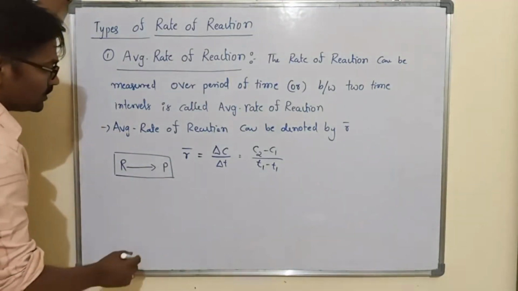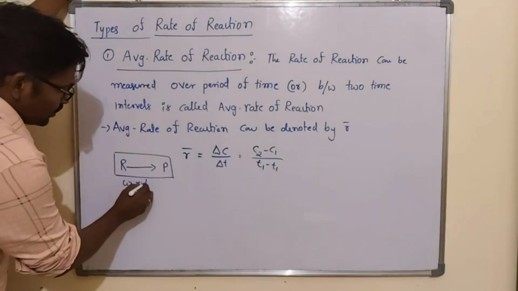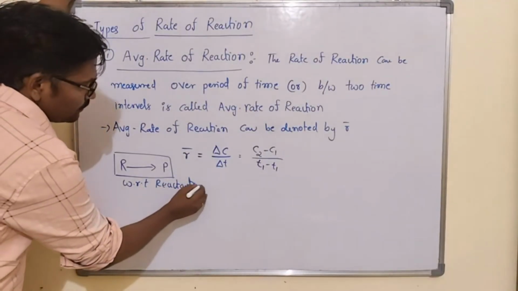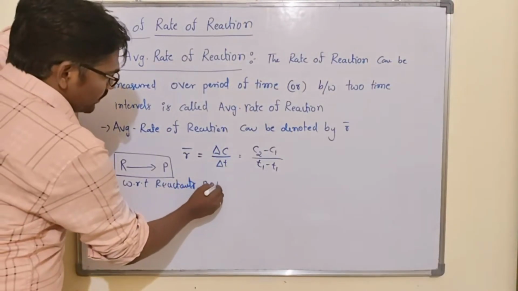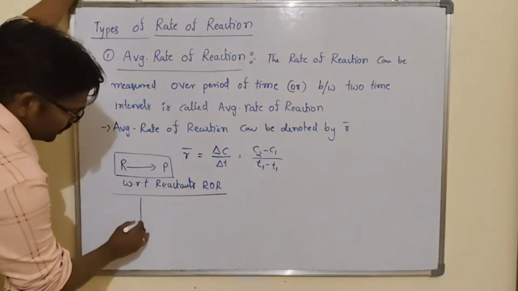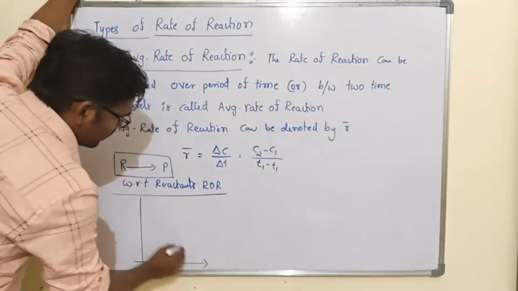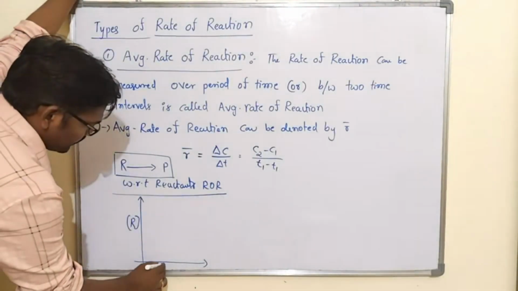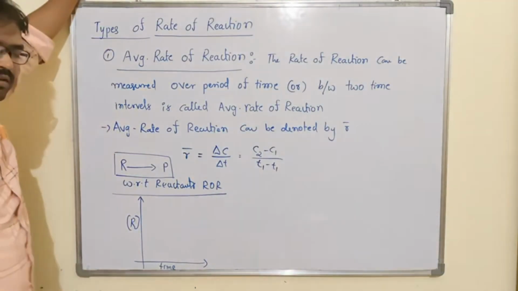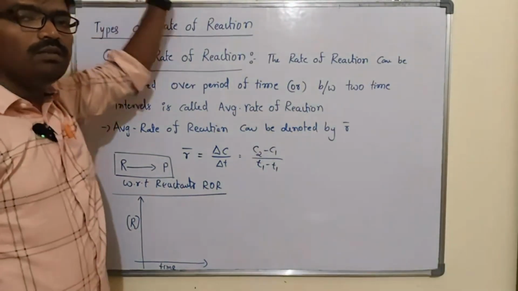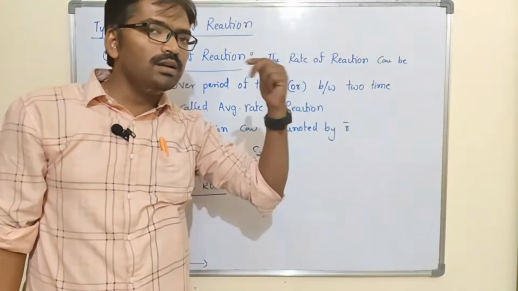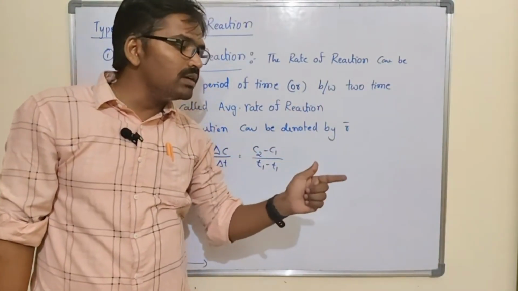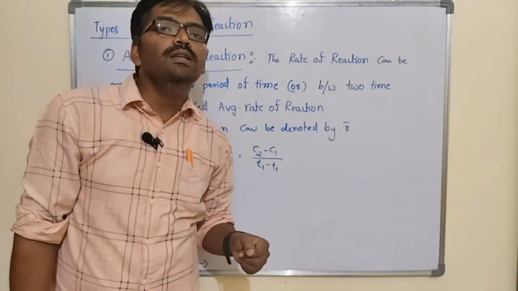For this reaction, with respect to reactants, if you draw the graph for concentration of reactant versus time, we know that with respect to the reactants, concentration of reactant will decrease. With respect to products, concentration of product will increase.